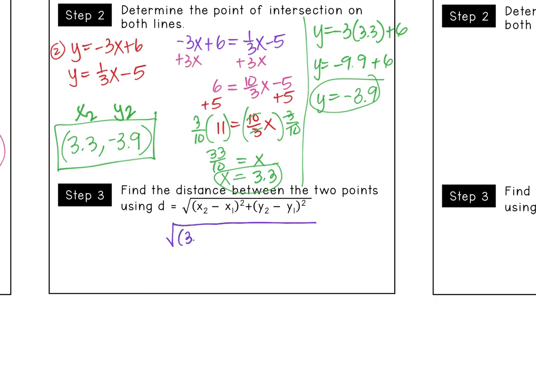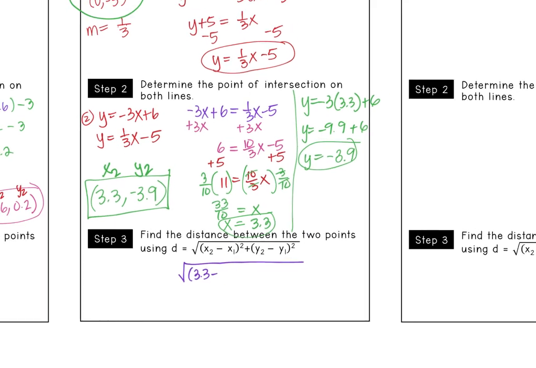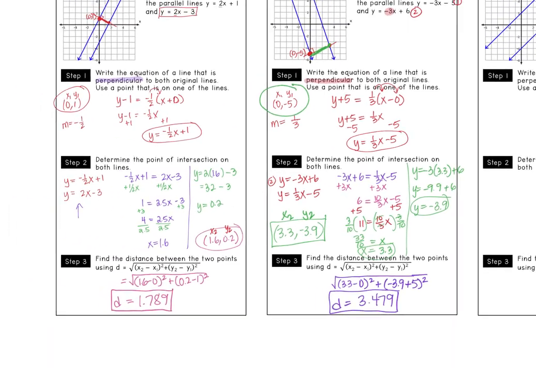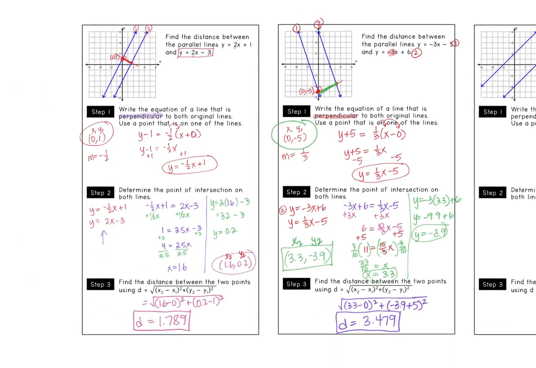So I have (3.3 minus 0) squared plus (negative 3.9 minus, or it's minus negative, so it's going to be plus 5) squared. And now all into the calculator so we see what we can get. Okay, this gets us 3.479. Okay, and that's how you find the distance between two parallel lines.